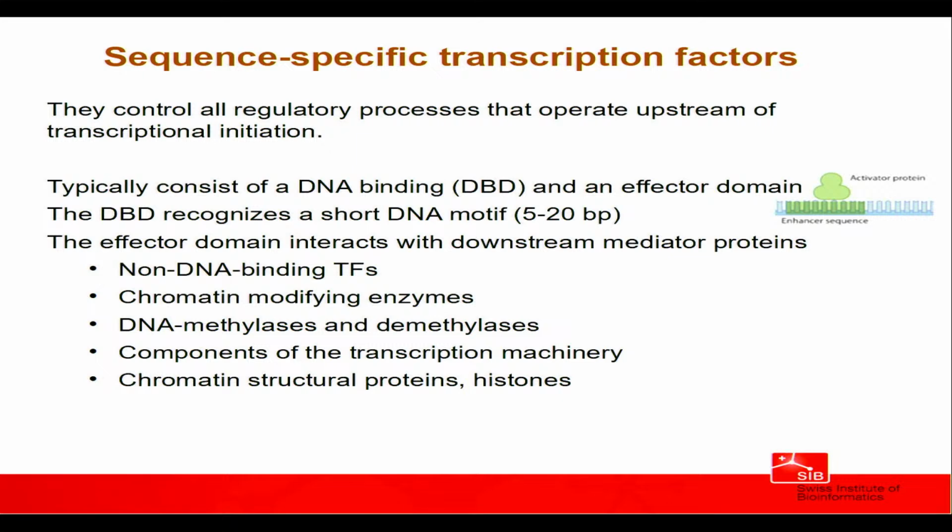The DNA binding domain recognizes a DNA motif, which is typically about 5 to 20 base pairs long, and the effector domain interacts with mediator proteins. They are sometimes called non-DNA binding transcription factors. They also interact with chromatin modifying enzymes, including DNA methylases, histone modifying enzymes, components of the transcription machinery, and chromatin structural proteins like histones, for instance.